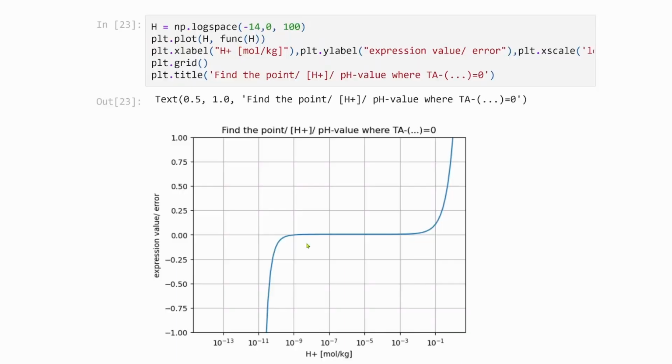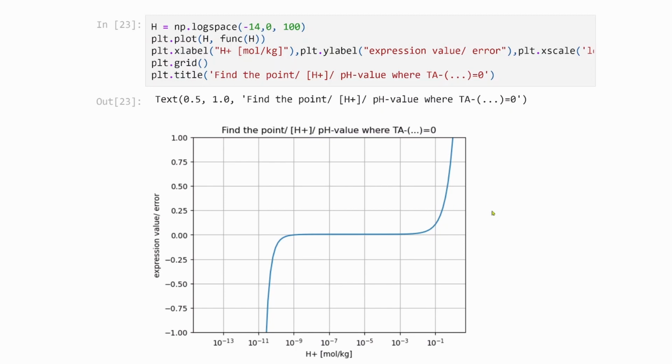And then what you could do, you could solve it graphically, so set in all different H plus values and then see where the error gets very small. But you see here, okay, this scale is quite coarse, but yeah, for a huge range, like from pH 9 to pH 3, it is close to 0.